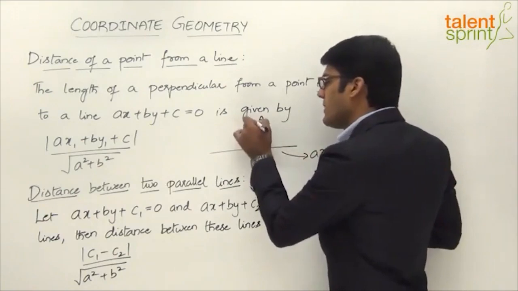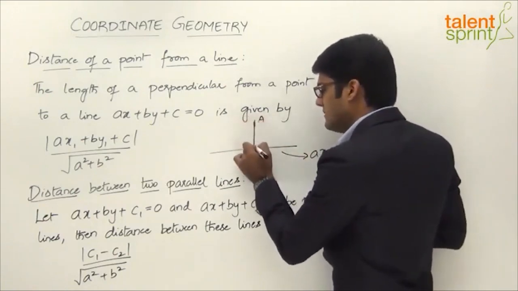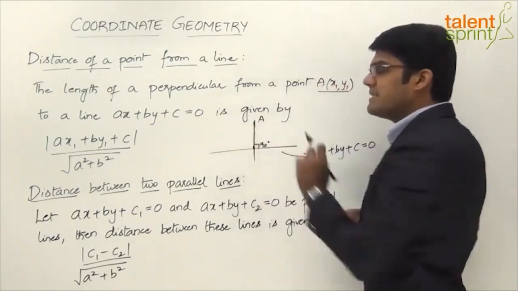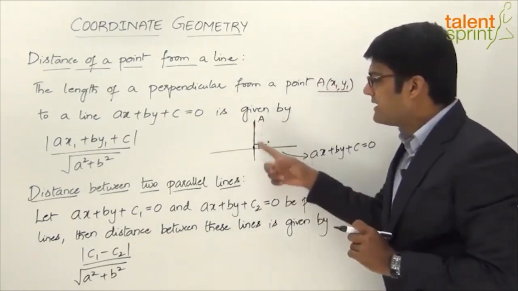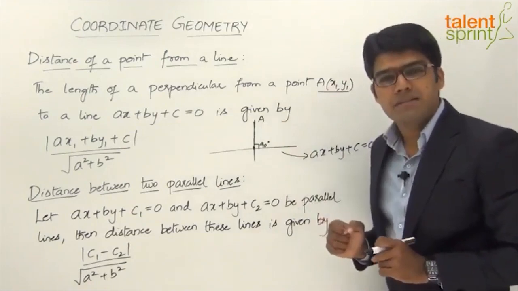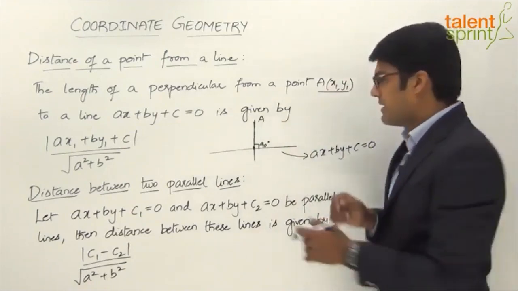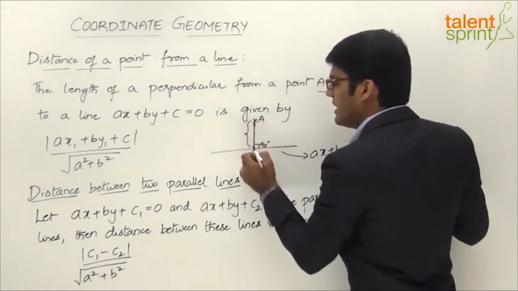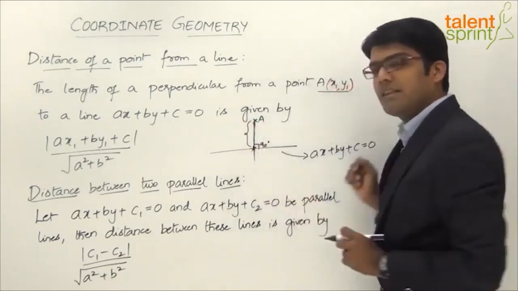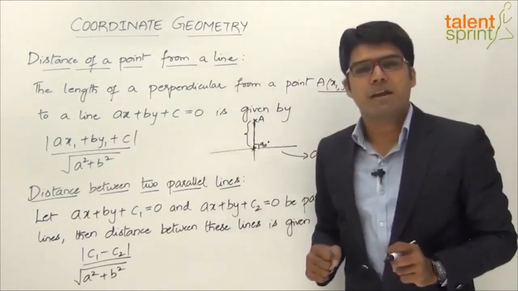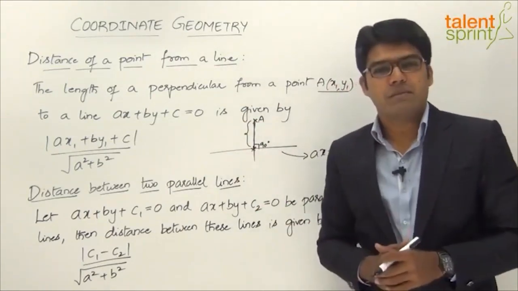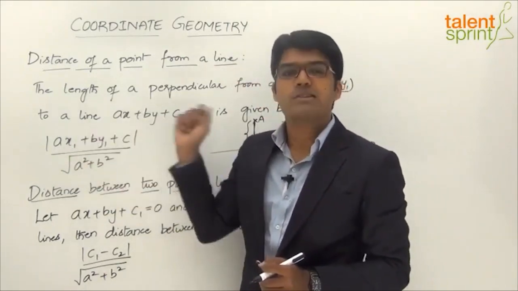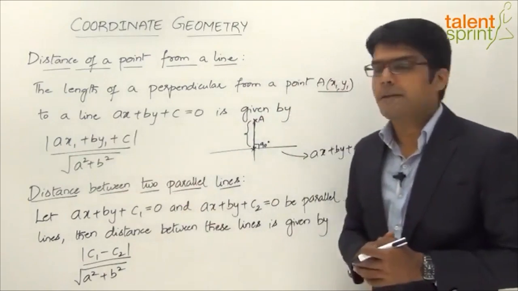So we drop a perpendicular, with the angle being 90 degrees, and we get the distance between the point and the line as ax1 plus by1 plus c divided by root over a square plus b square. This is the distance from the point A to the point where it meets the given line. And be careful, the numerator has to be in modulus, which means we always take the positive value here. Distance cannot be negative, right?